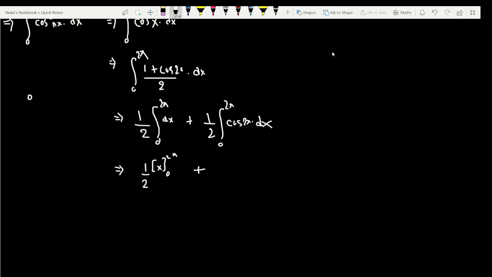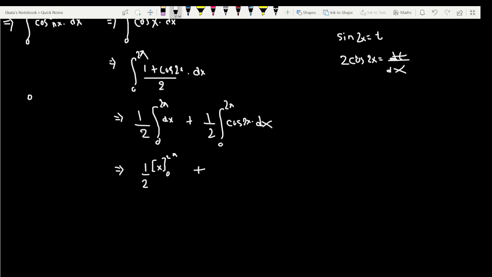I take sine 2x as t, and differentiating both sides with respect to x gives 2 cos 2x equals dt by dx.